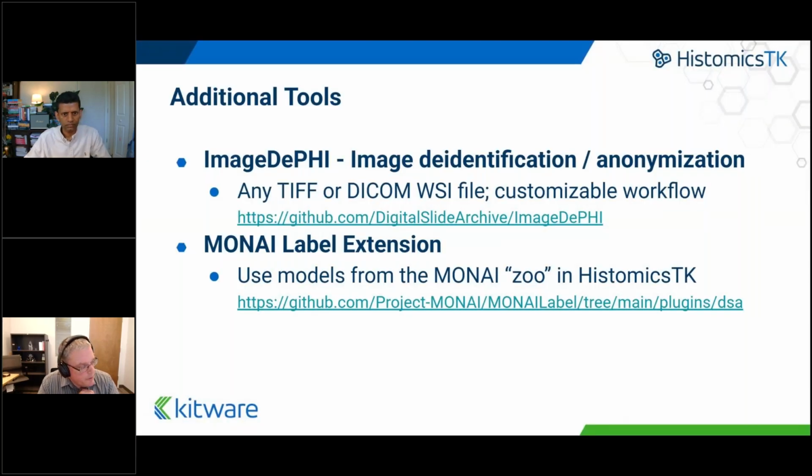So I'll just mention a few other tools that could work within our ecosystem. We have a project called ImageDefy, which is for image data identification and anonymization. If you're going to publish your data in a peer-reviewed journal, one of the things you really want to do is be able to provide some of your data so that people can reproduce your results. One of the things that's difficult is that your whole slide images could have metadata anywhere.